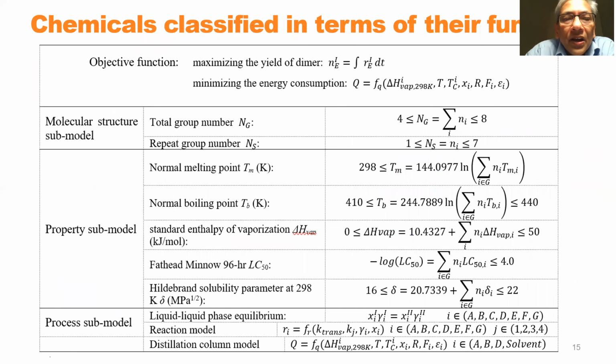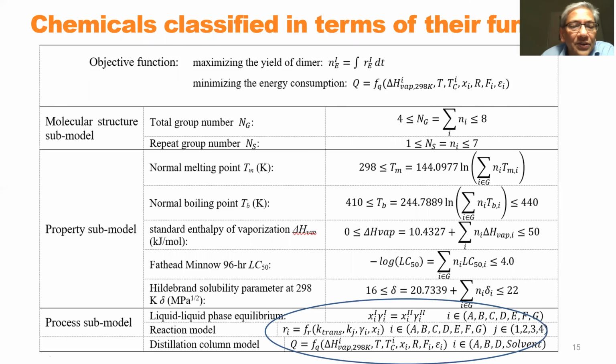So the objective function is defined in terms of yield of dimer or the energy consumption. Then the molecular structural equations are given, and the properties, one equation per property. But when we come to the process model, one can see that the liquid equilibrium is embedded into the process model.